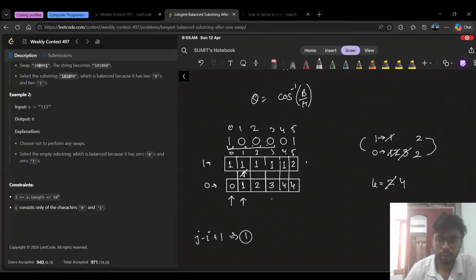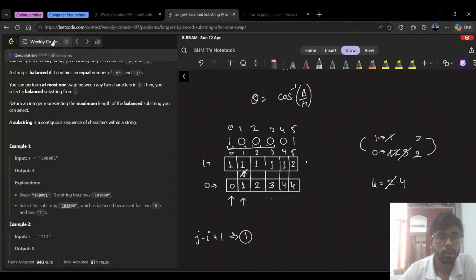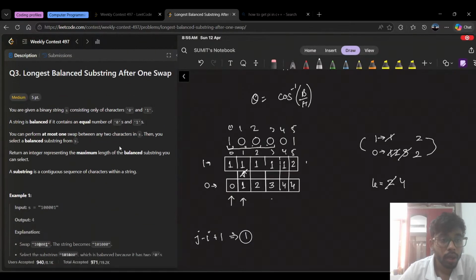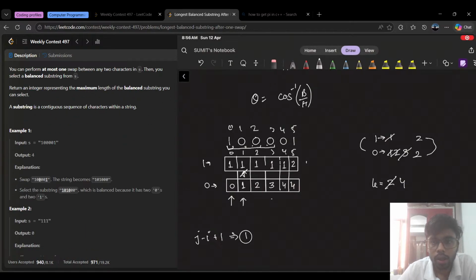Okay, so what we have got, so you are given a binary string. Okay, so I got the ones and the zeros. If s of 0 equals to 1, it will be 1. Otherwise, zeros, it will be 1.